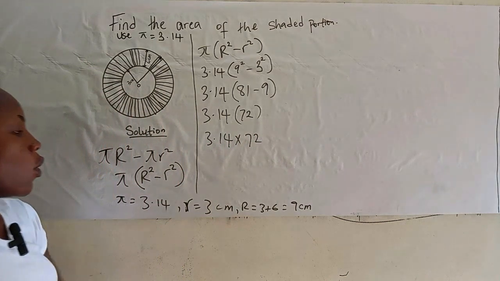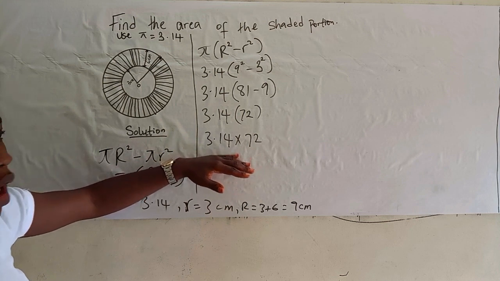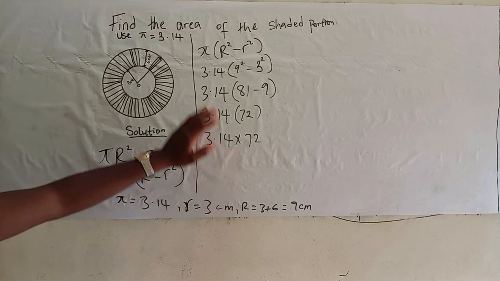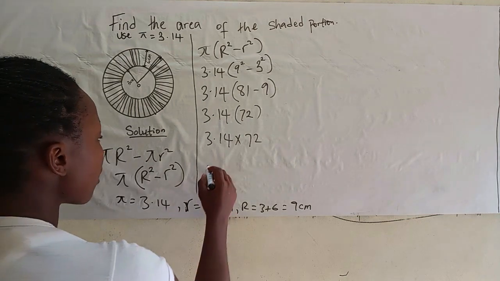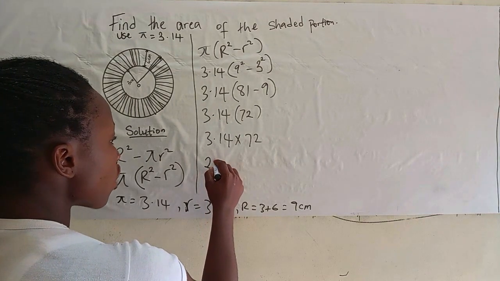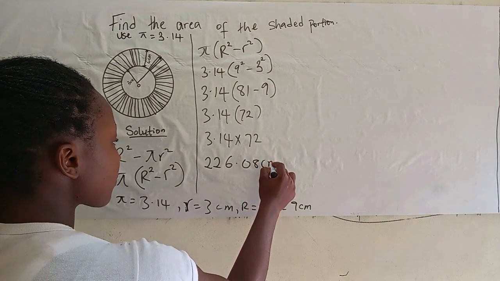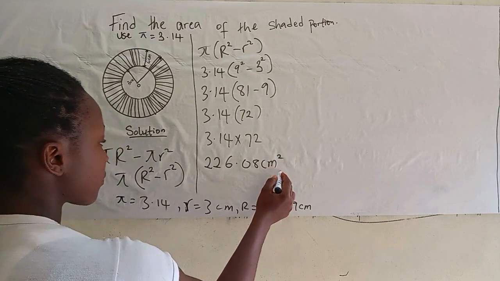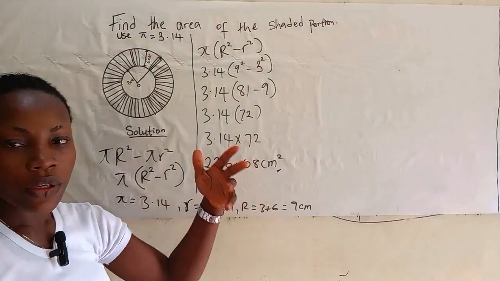Once we multiply these two things together, we will find the area we are looking for, which is 226.08 cm squared. We are putting squared because we are looking for area.